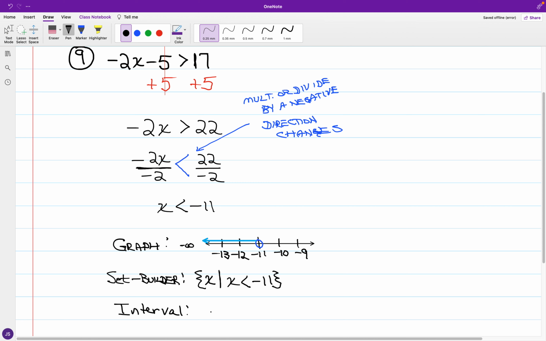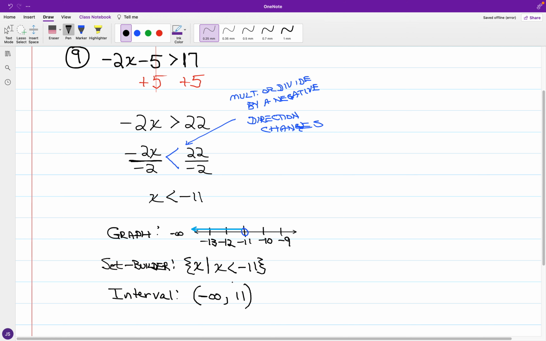So at the lower end, we're going to have negative infinity, and at the upper end, we have approaching but not including negative 11. Once again, whenever you have infinities, infinities are boundless, and we maintain the use of parentheses. Because negative 11 is not included, like representing up to negative 10.999 but never getting to negative 11, you have the parenthesis around negative 11. These are three distinct ways of how we say that x is less than negative 11.